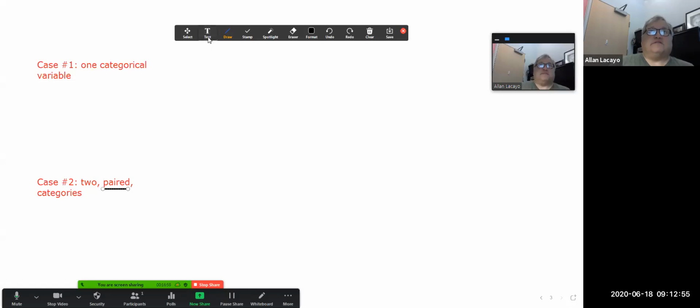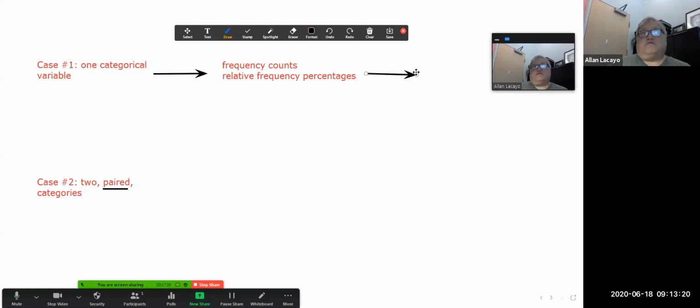Okay. So the kinds of counts that we're going to measure are going to be called frequency counts in one variable, and relative frequency percentages. And these are going to be displayed in the form of pie charts or in the form of bar graphs.